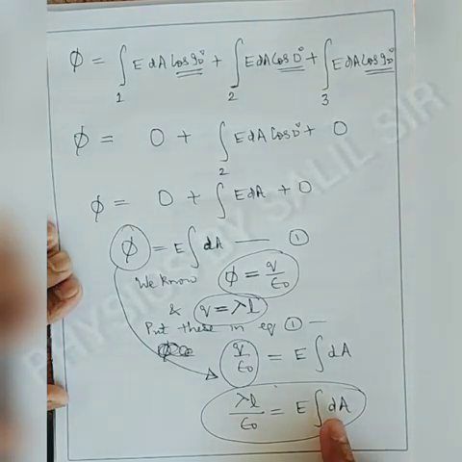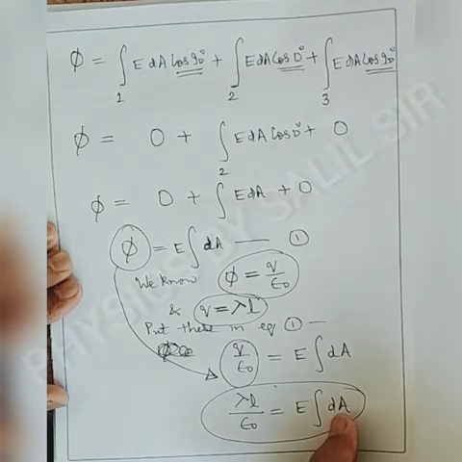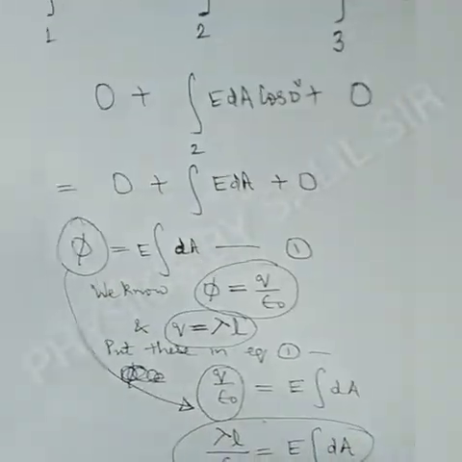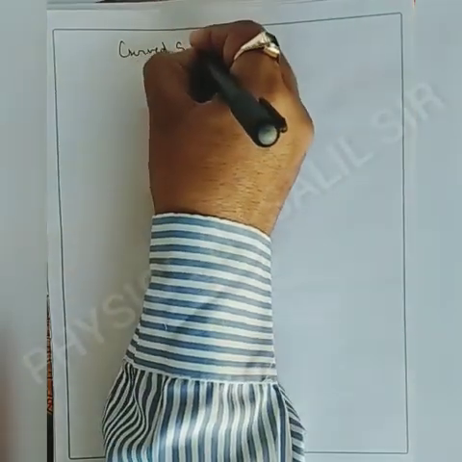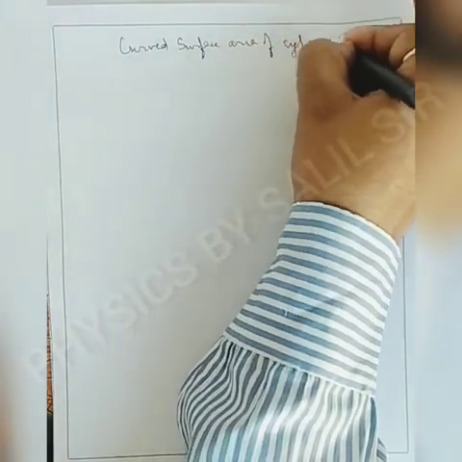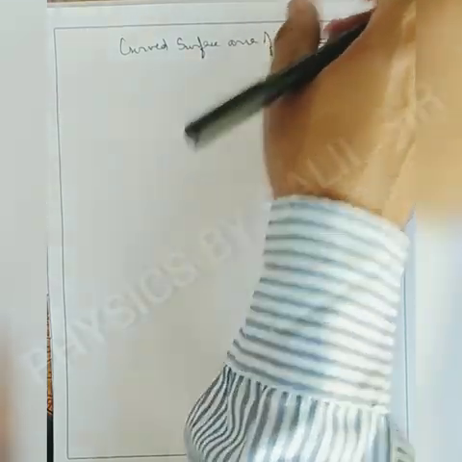If we integrate a small area over the whole cylindrical Gaussian surface, then we'll get the total area. And what is the curved surface area of a cylinder? You have learned in maths that the curved surface area of a cylinder is equal to 2 pi r L. Okay.